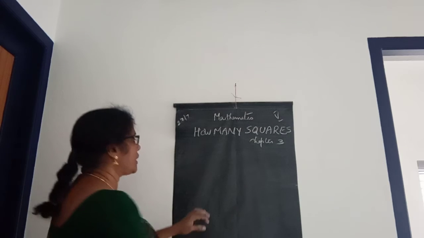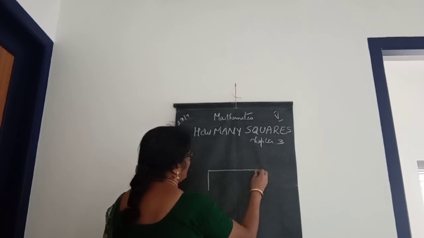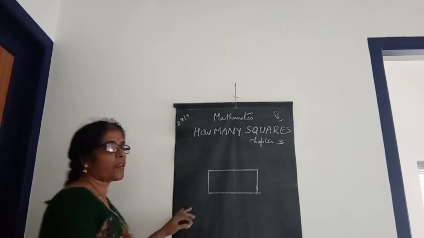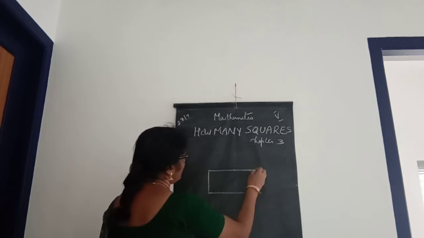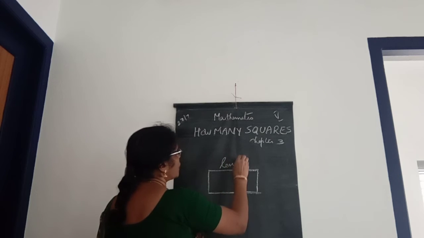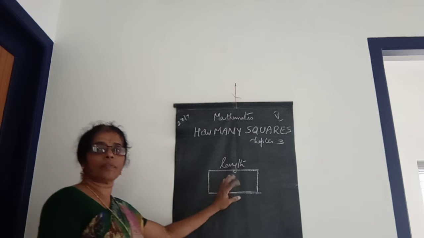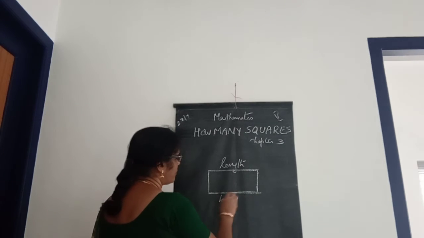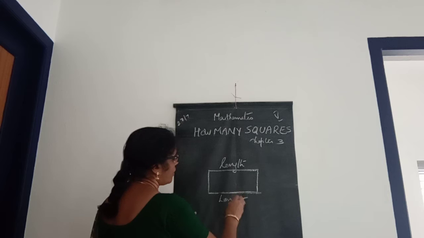And look here, children. This one is the rectangle, and this side we can call the length. This one is the length of this rectangle, and this also length.